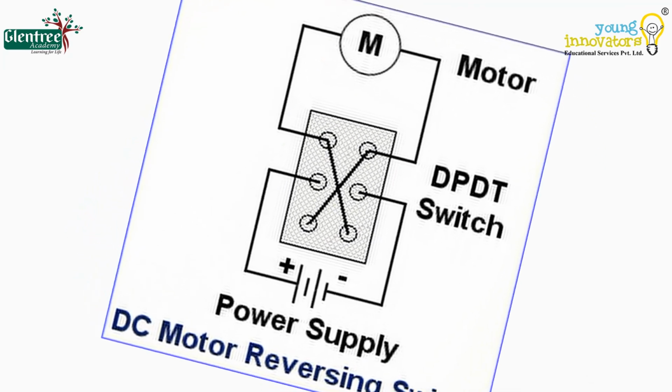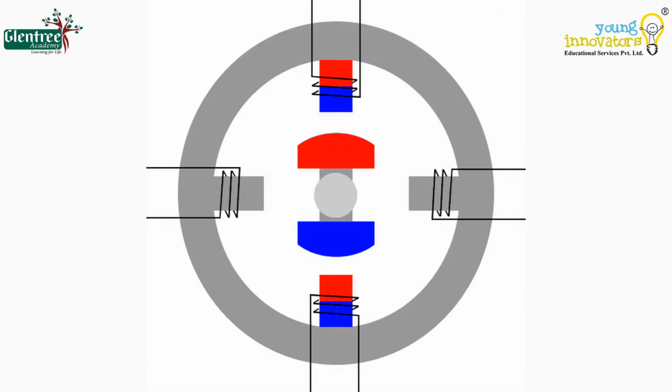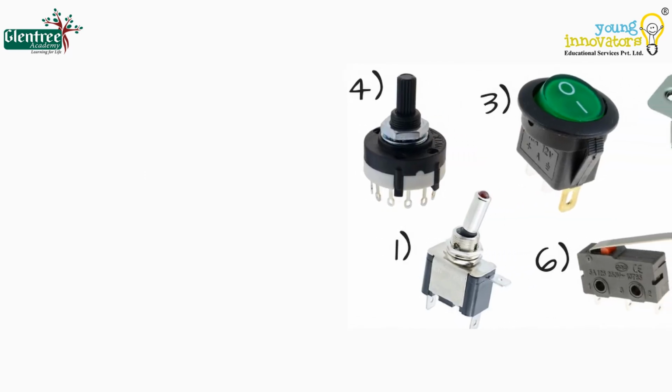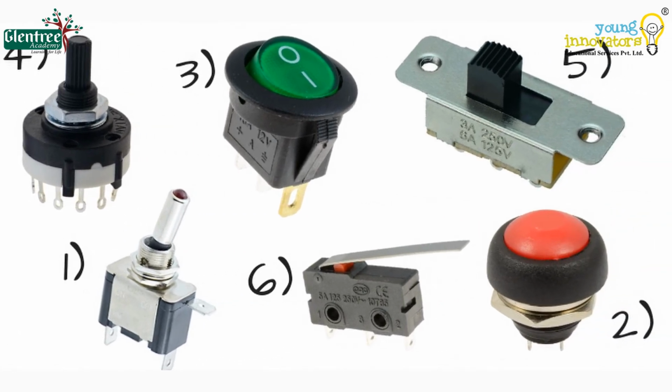If the switch is set to the lower position, the power supply is reversed and connection D becomes positive, then the motor will rotate in the opposite direction. These types of switches are mainly used in various motor controllers where the direction of the motor is to be reversed or its speed reduced. We get many other types of switches like reed switch, toggle switch, rocker switch, microswitch, etc.